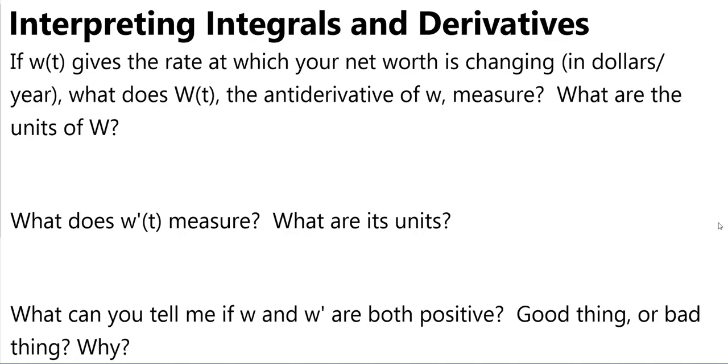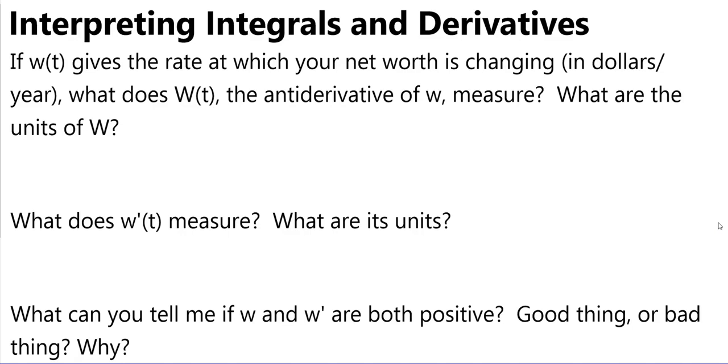Okay, so what can you tell me if both w and w prime are positive? Good thing, bad thing, why? You're onto something. So remember, capital W tells me what? My net worth. So if little w is positive, that is increasing, yeah?